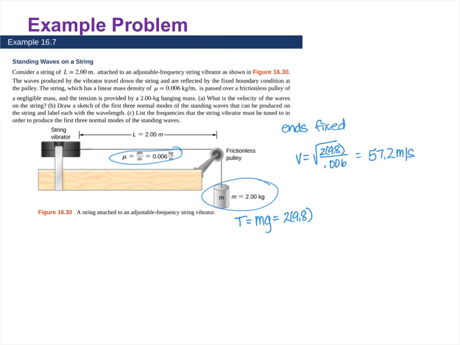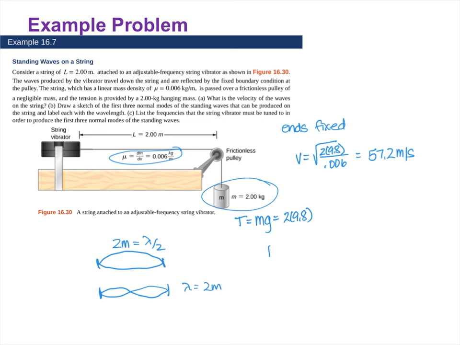Now, the length of the string is 2 meters. If I set up the first 3 modes, this is going to be the first one, where 2 meters, the length of the string, ends up being half of the wavelength. The second one is going to be where the wavelength is equal to 2 meters.